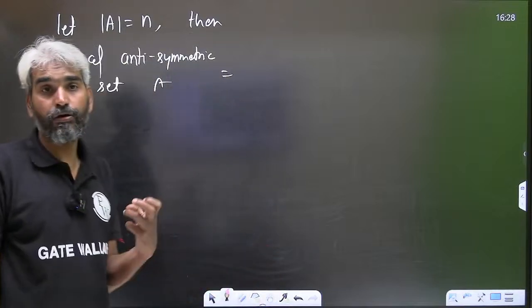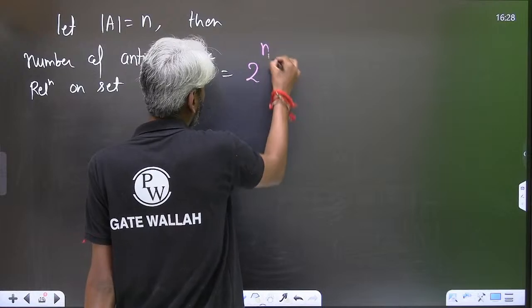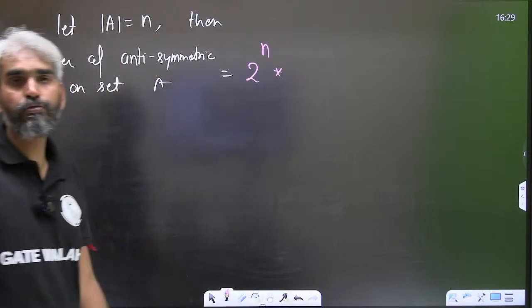So any number of diagonal order pairs may be present or absent out of n diagonal order pairs. So with respect to diagonal order pairs, we will have 2 raised to the power n choices.